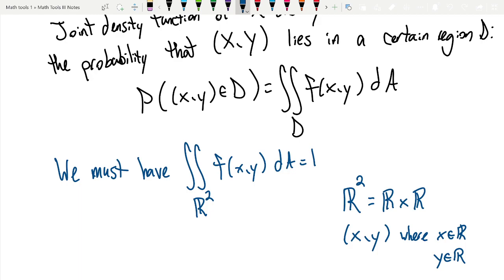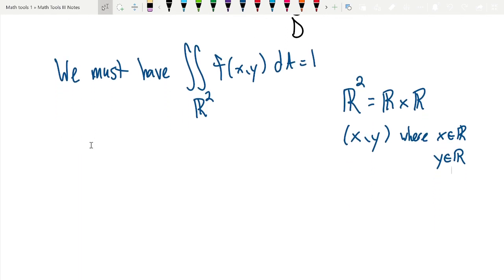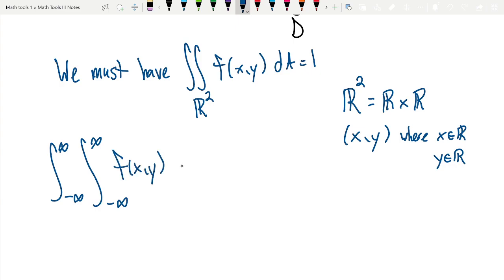So they're real numbers essentially. So this is basically integrating over all of the real numbers, both in x and in y. In other words, you could write this as the integral from negative infinity to infinity, negative infinity to infinity of f(x, y) dx dy, or dy dx.